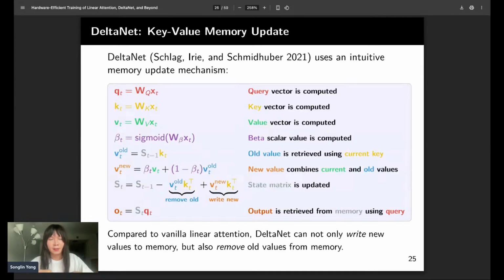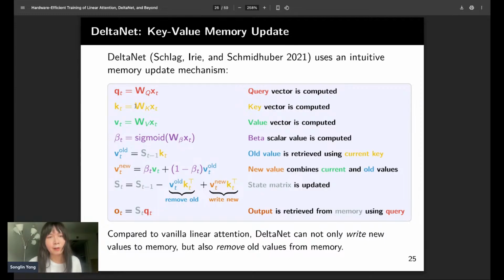And here we have DeltaNet. DeltaNet is actually a classical model that uses a very intuitive memory update mechanism. We have the query, key, and value vectors, very similar to linear attention or softmax attention, obtained by several linear projections on the input data.